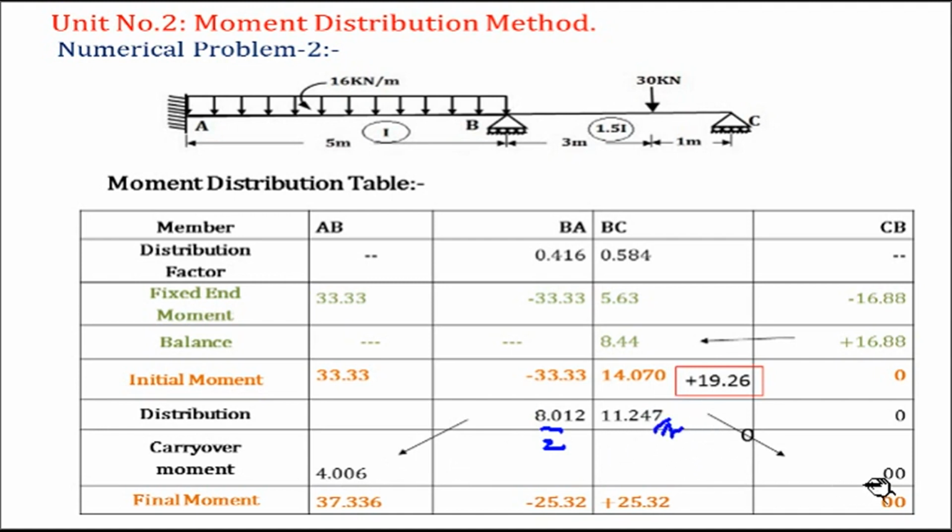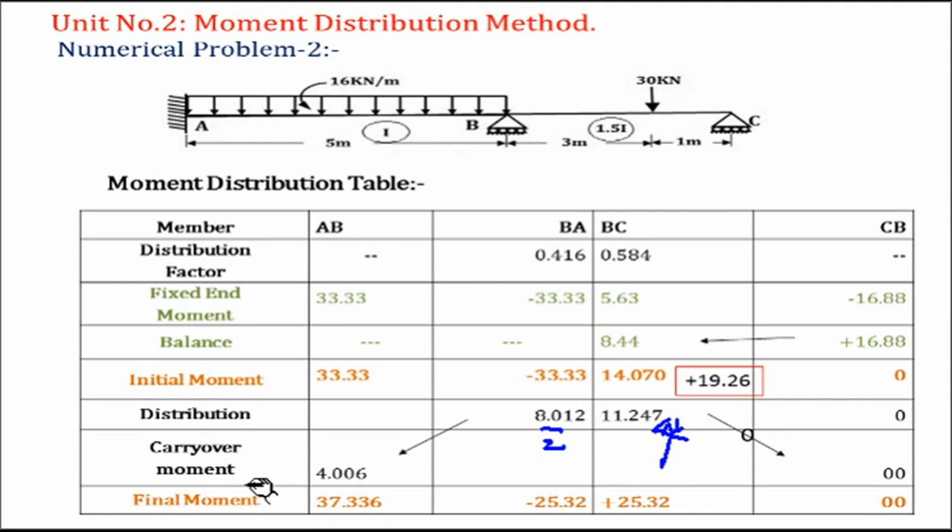Now here there is no need of a carry over because these are simply supported. No carry over is allowed in this case because a simply supported end does not take any moment. Okay.